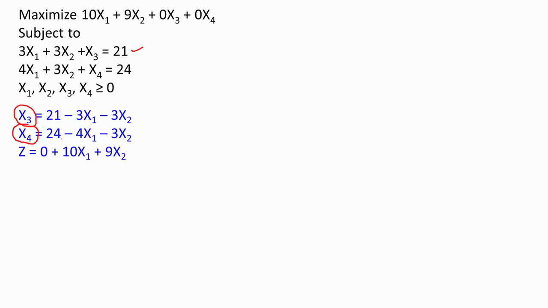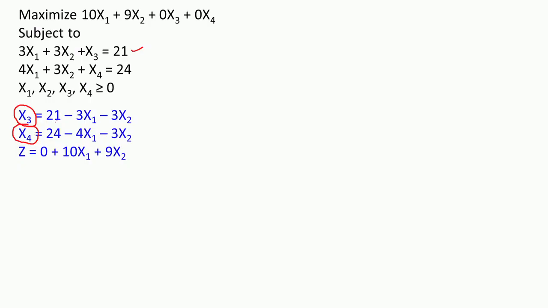Now, from these two equations where we have written the basic variable in terms of the non-basic variable, the non-basic variables take value 0, therefore, the solution is x3 equal to 21, x4 equal to 24, which is one of the basic feasible solutions that we got through the algebraic method.